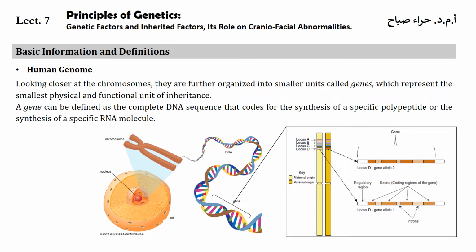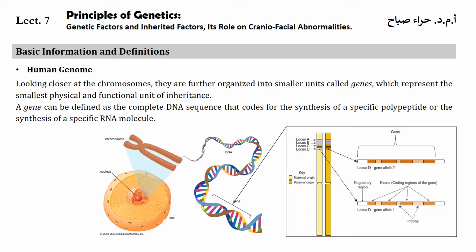Looking closer at the chromosomes, they are further organized into smaller units called genes, which represent the smallest physical and functional unit of inheritance. A gene can be defined as the complete DNA sequence that codes for the synthesis of a specific polypeptide or a specific RNA molecule.